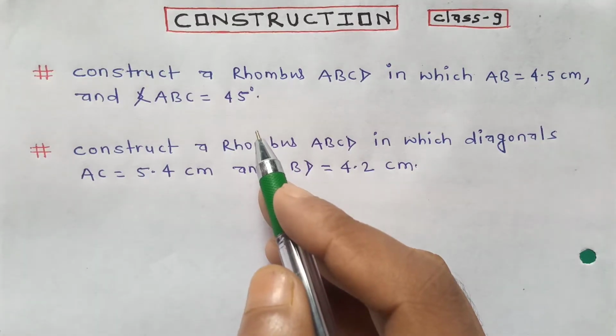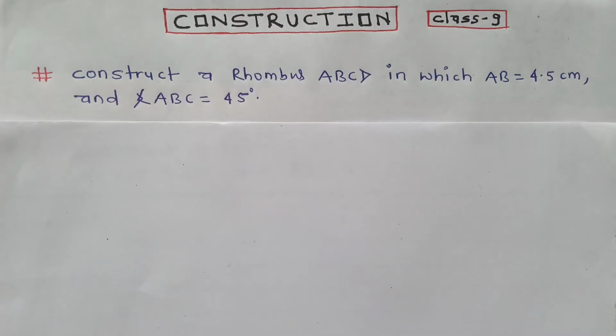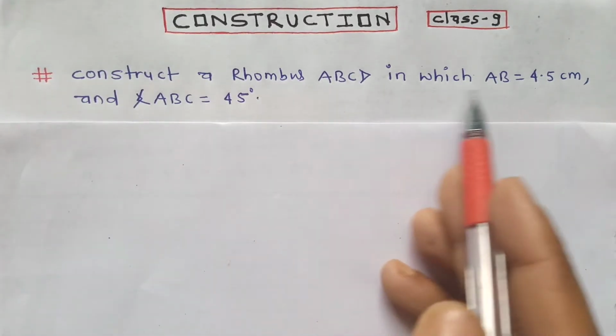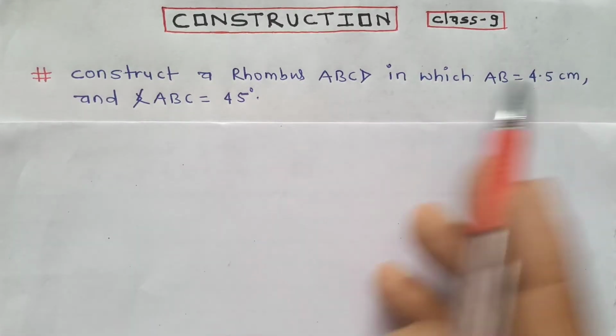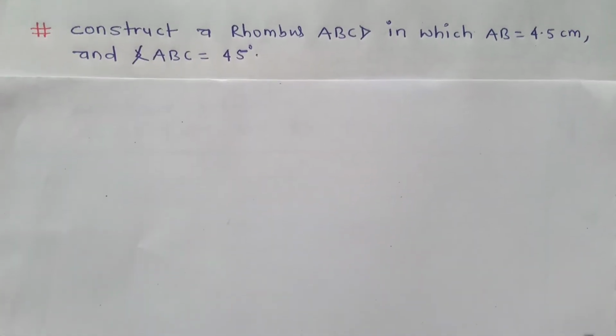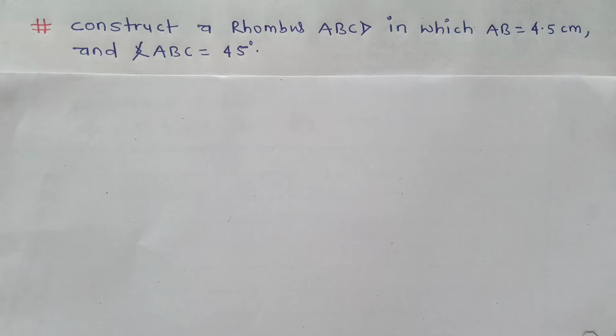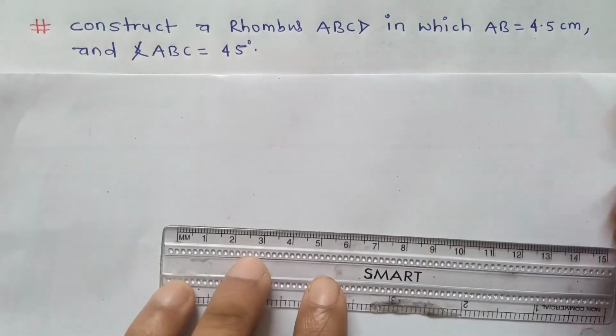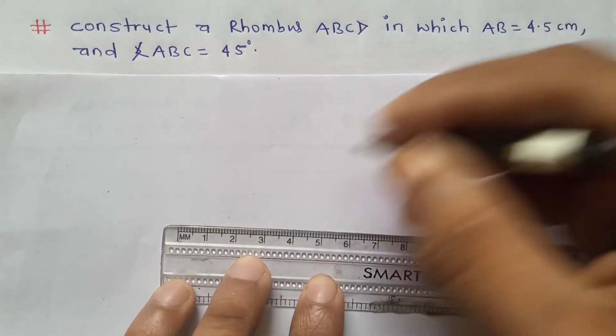So let's start. In the first question, you can read: construct a rhombus ABCD in which AB is equal to 4.5 centimeter and angle ABC is 45 degree. So now I am taking a horizontal line of 4.5 centimeter. I can put the scale here, AB is equal to 4.5 centimeter.